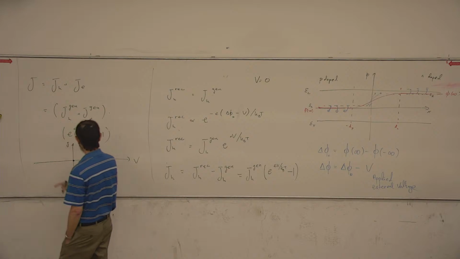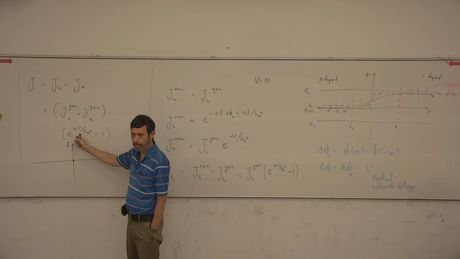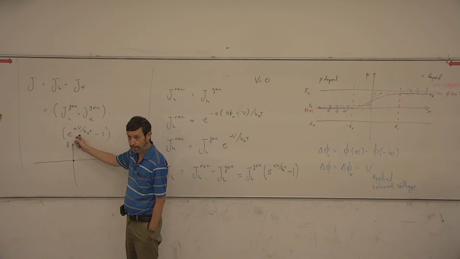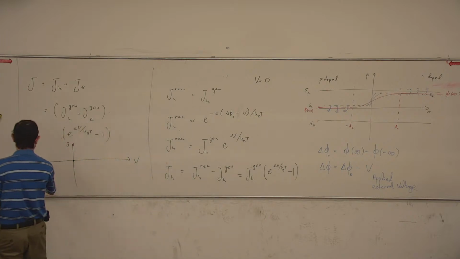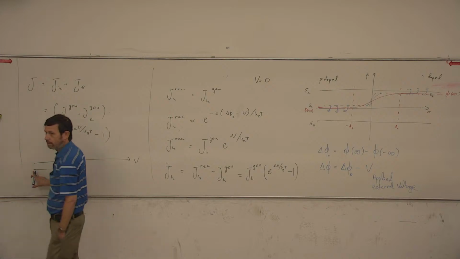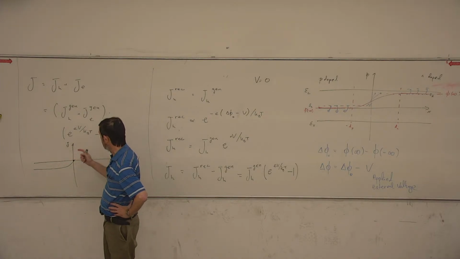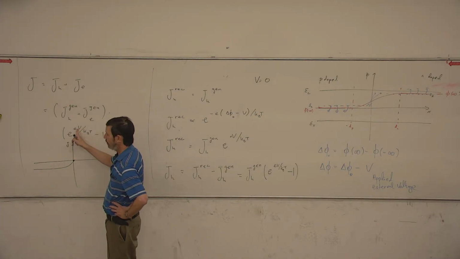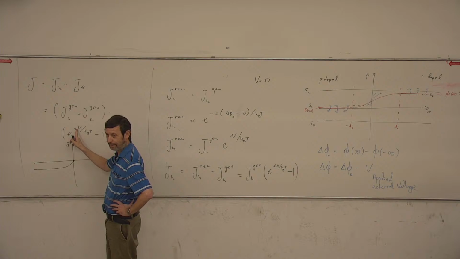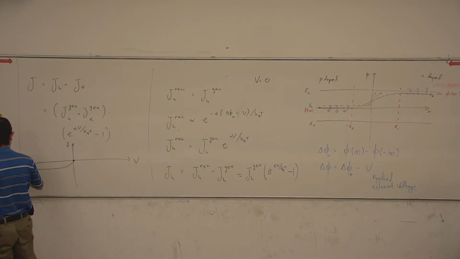To the left, I have a negative value. E to the power of a negative value is smaller than 1. So I'll have something that is equal, let's say at V minus infinity, to minus this one.